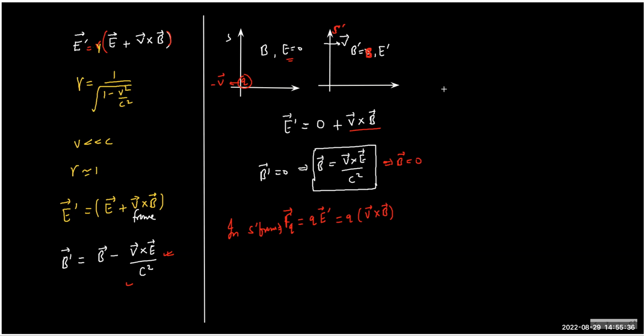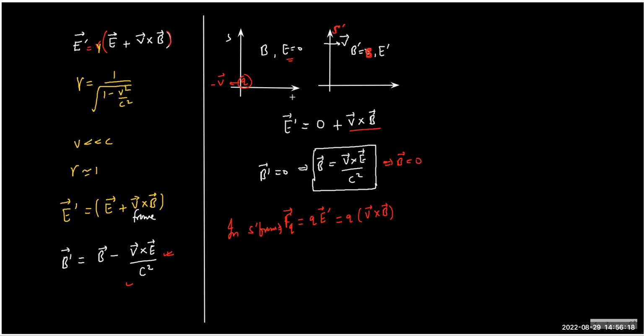If the electric field is 0, then in every frame the B remains the same. B will not change. That's correct. So B will only change due to gamma, but gamma is almost 1. So we can say there is a slight change in B, but that is almost negligible, right? Okay, that's correct. So this we cannot write. Okay, we are trying to make B dash 0.